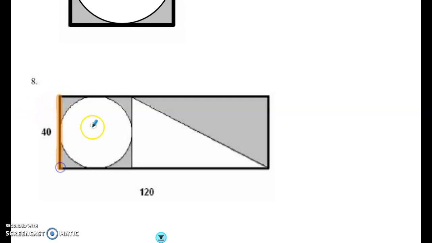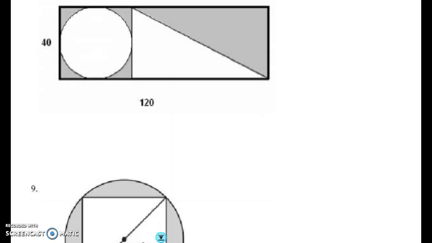Here's the whole circle, and that means half of it would be 20. And for our triangle here, you have the base. You could do base times height, 1/2. You could do base this way and the height that way. So just remember, it's the big rectangle minus the circle and also minus the triangle. Please make sure you use the right formulas.